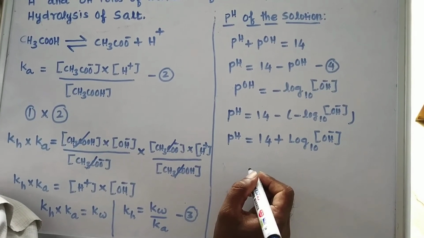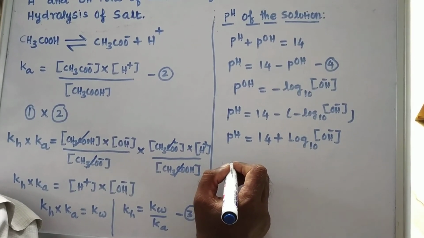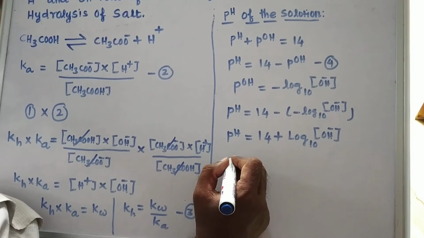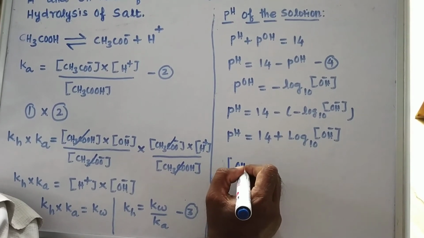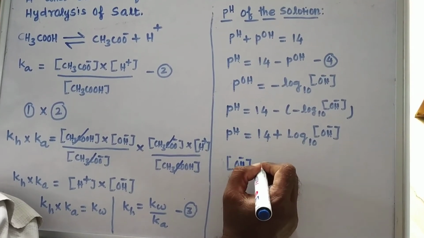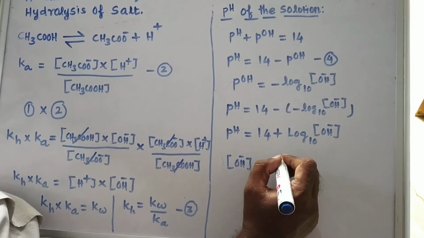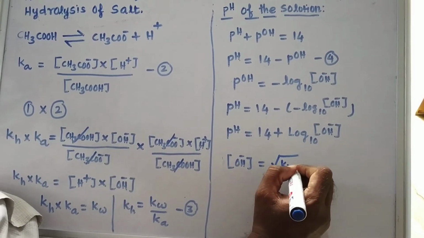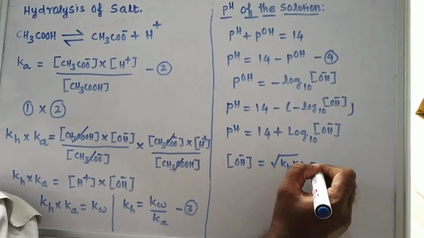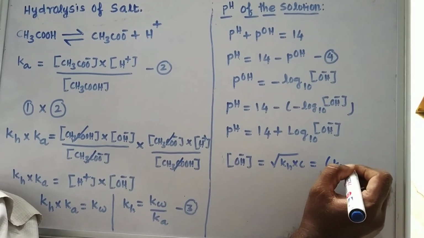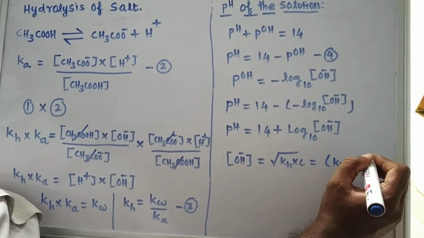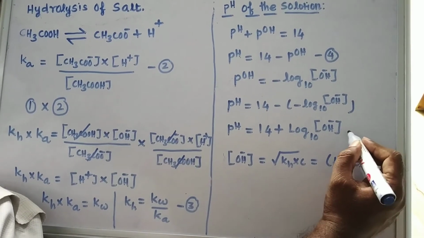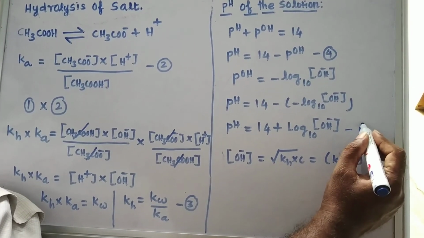Then the value of the concentration of hydroxide ion is equal to the square root of Kh into C. It means Kh into C whole power half. So this equation becomes equation number 5.